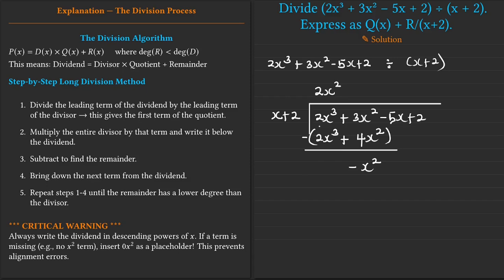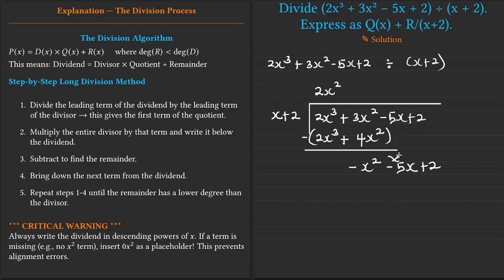So with that, you are done with the first or the highest degree. We are now coming to work on what? x squared. So now that we are done with that, let's bring this new term down here. So bringing this new term down here, we are going to get a minus 5x. And then we can also bring this as well, so that we have what? Plus 2.